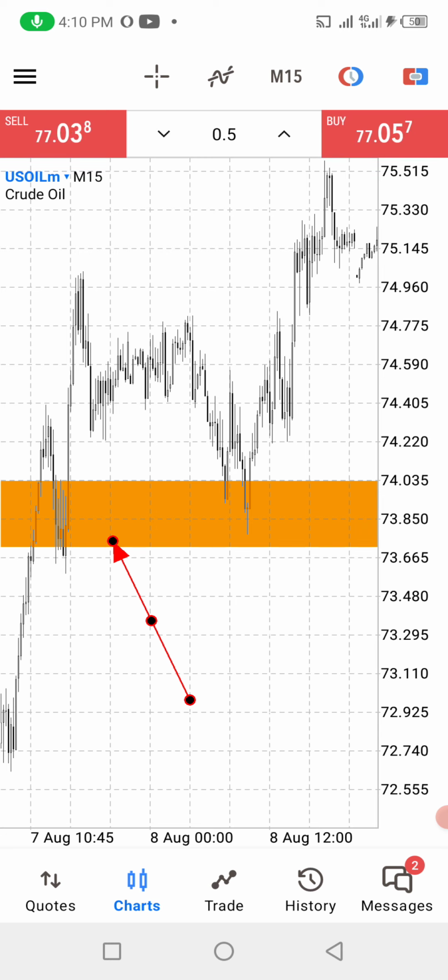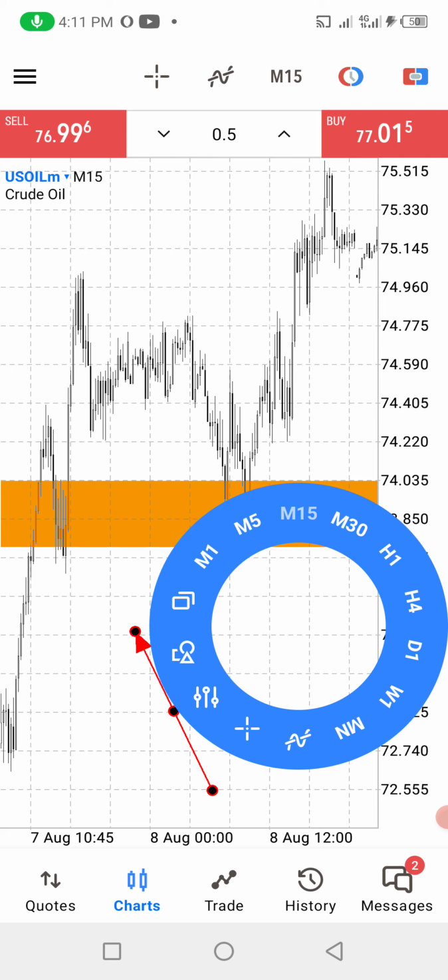Okay, so what you need is, when price taps into this zone, you want a trend to exist for you to enter this market. Or the other way, you are looking for reversal signals. Okay, so you can see that price dropped here and went up, came back again.